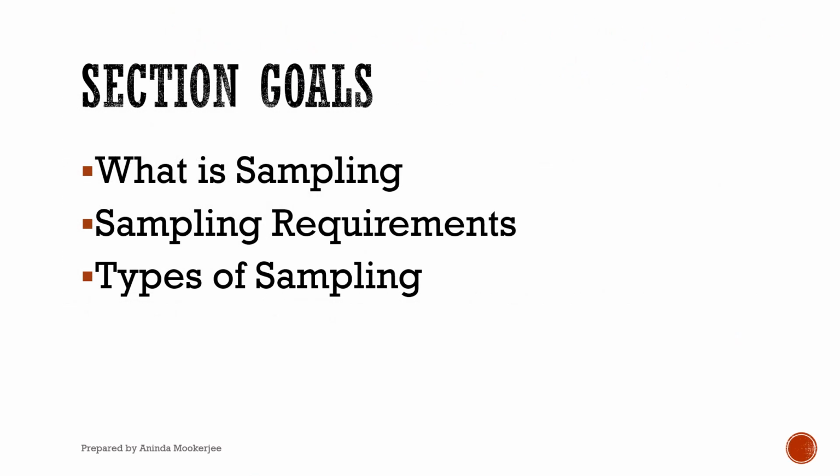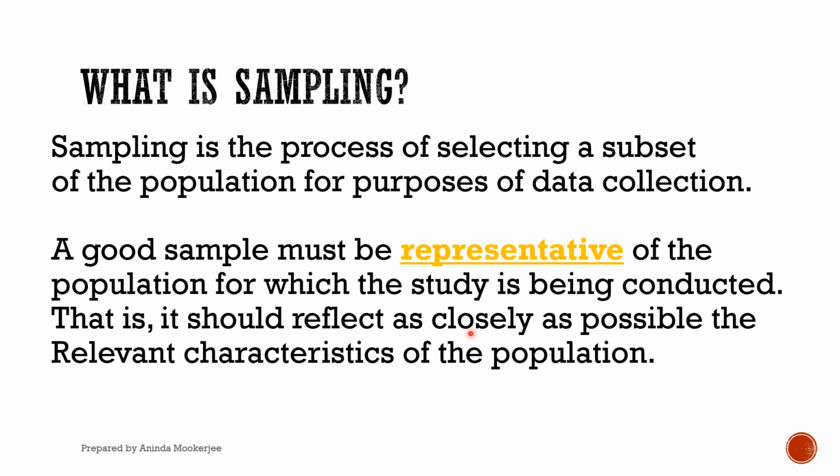So in this chapter, we are going to talk about what sampling is. I think I already gave you a preview of that, but we'll talk a little more on that. And then we'll talk about sampling requirements, which are some conditions that should go into creating a sample. And then we'll talk about the types or the techniques of sampling. Now, what is sampling?